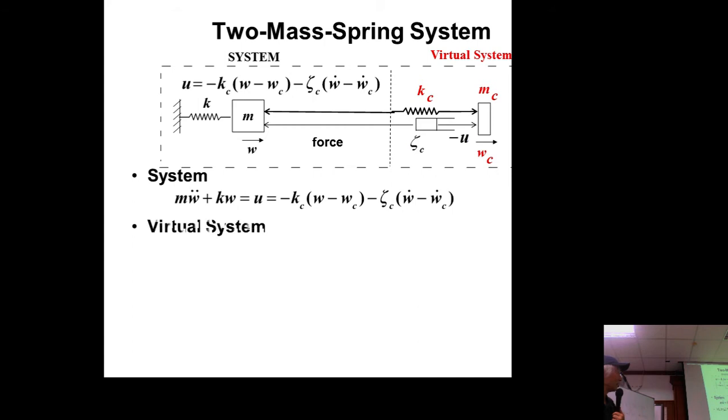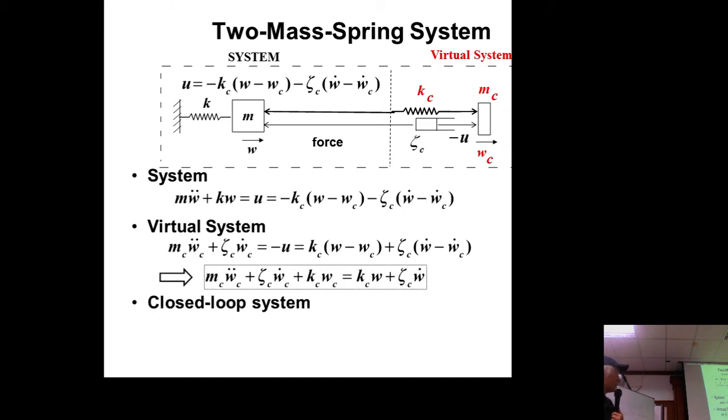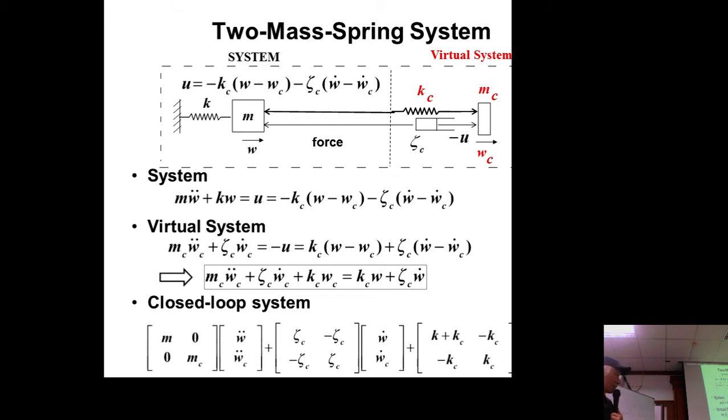If you write the Newton law, and this is nothing but the Newton law, for the system and the virtual system, you write it out, then you find out you need not only the displacement measurement, you also need the velocity measurement. So on the right-hand side of U, we have W and W dot, right?